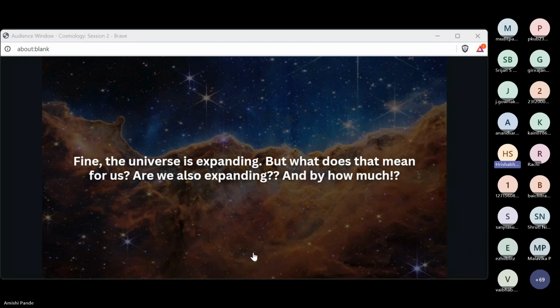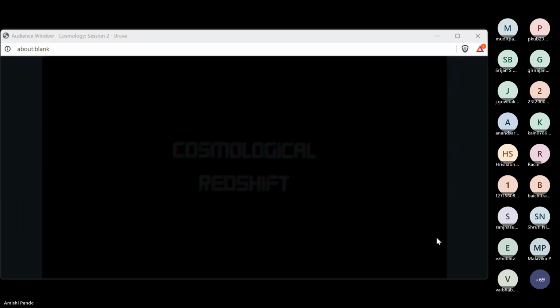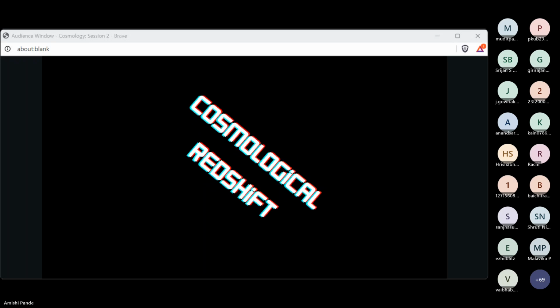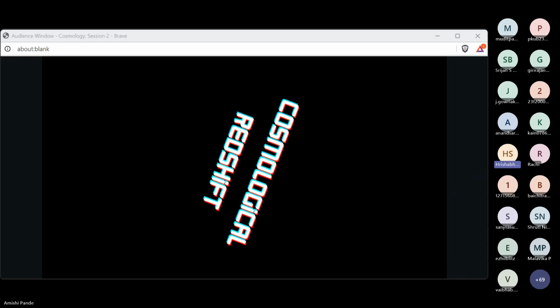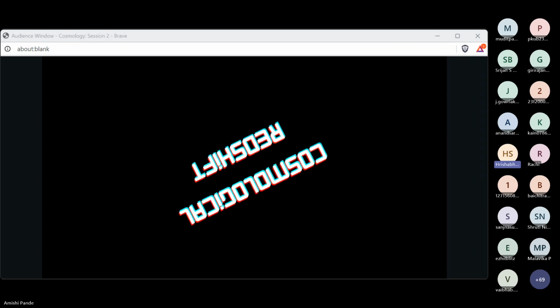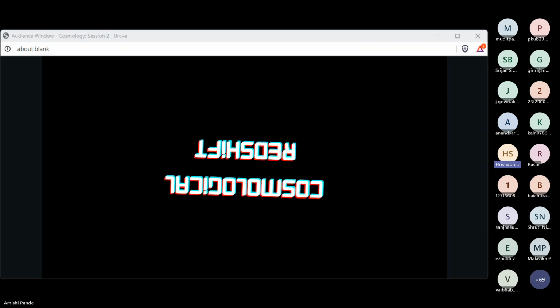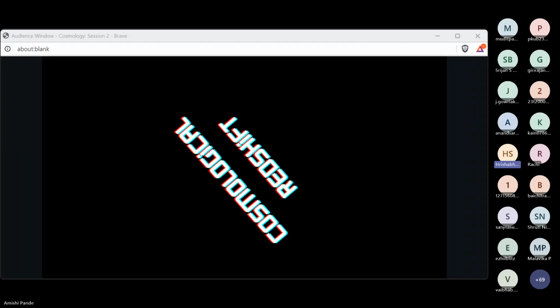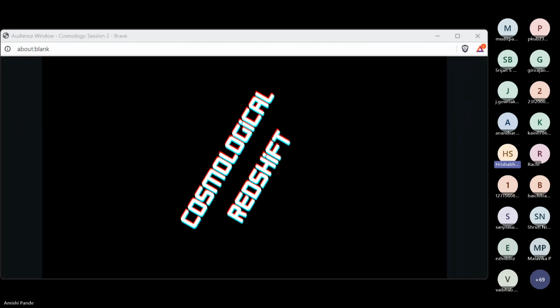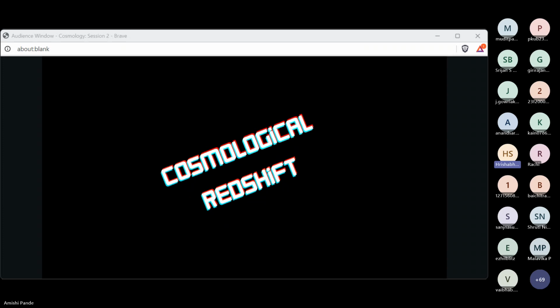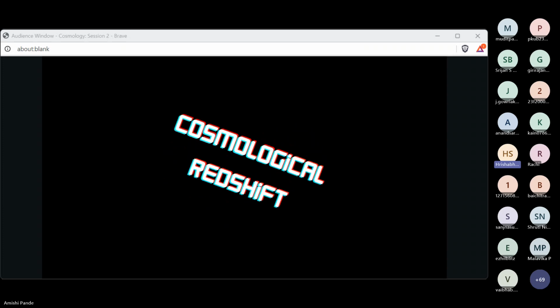You can move to the next slide. Further here we are dealing with something called the cosmological redshift. We'll try to understand expansion a little bit more, and get into the physics of expansion. Keep the question that I asked in the previous slide in your mind: what is meant by an expanding universe, and are we expanding or not.